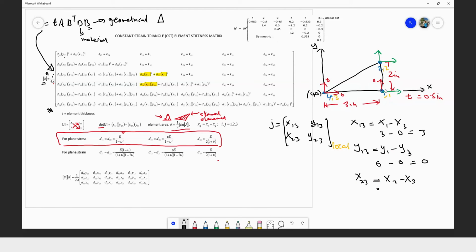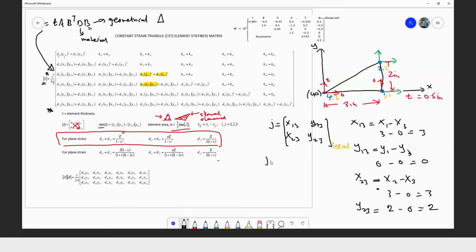Your x2 is there, which is 3, minus x3, which is 0. Then you have 3 as well. Then we have y23, which is y2, which is 2, minus y3, which is 0. So you have 2.